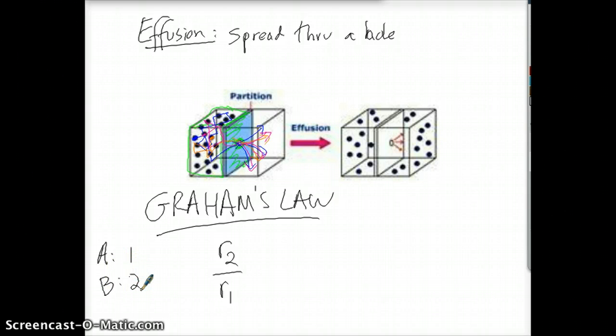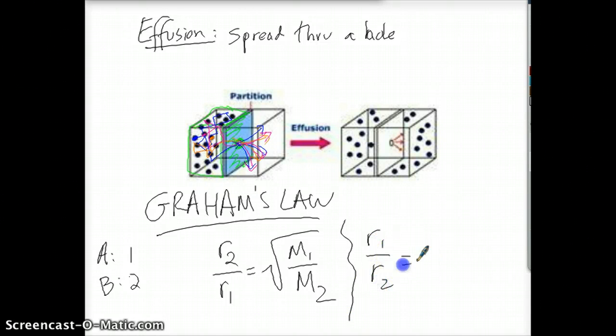If we want to look at the rate or the speed, which I'm going to label as R, the relationship between those speeds is dependent only on one thing, on the molar masses of those two molecules. So just to be clear, it doesn't matter what we call gas number 1 and gas number 2. We could write this also as R1 over R2 is equal to the square root of M2 over M1.